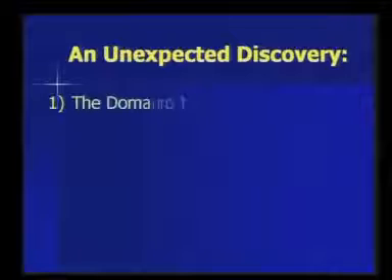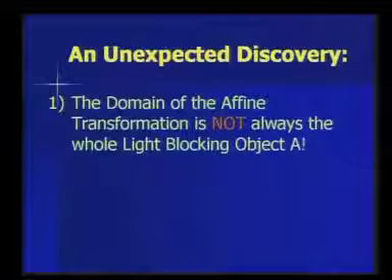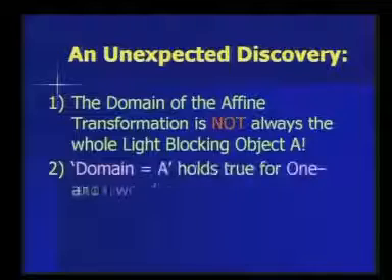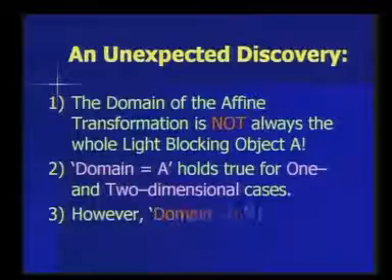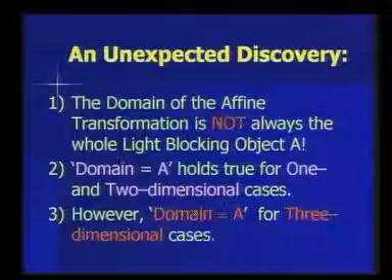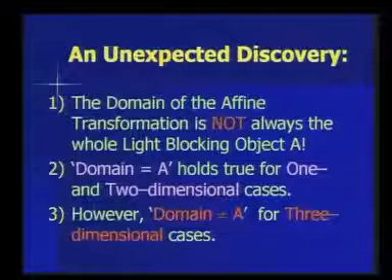For three-dimensional cases, we discovered something unexpected. That is, the domain of the affine transformation is not always the whole object. The domain equals A only holds for one-dimensional and two-dimensional cases.